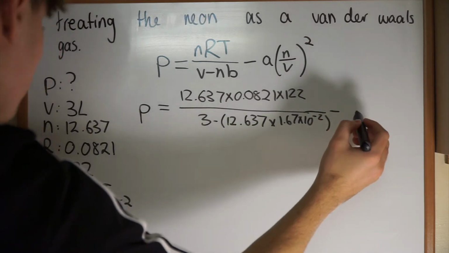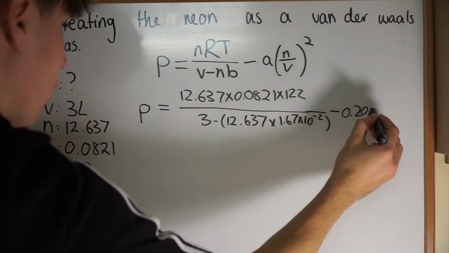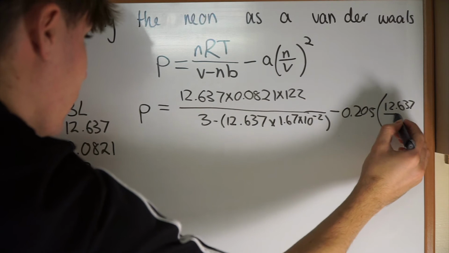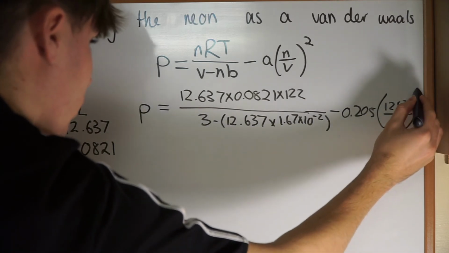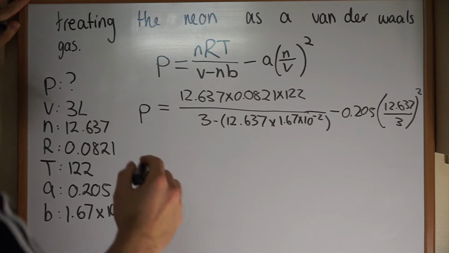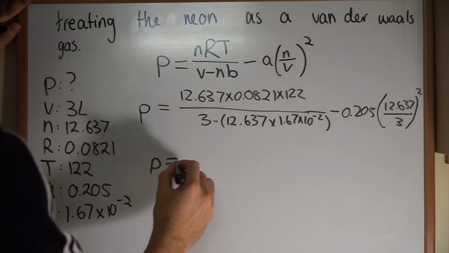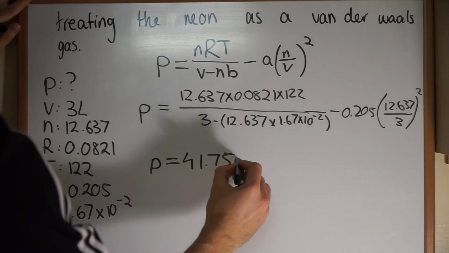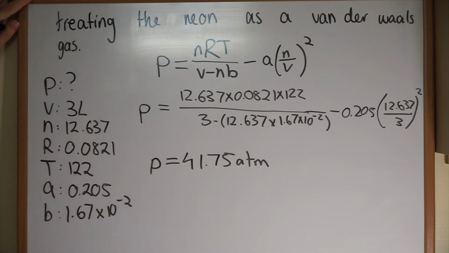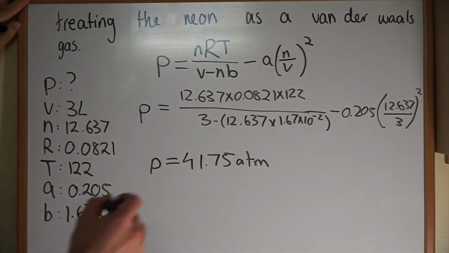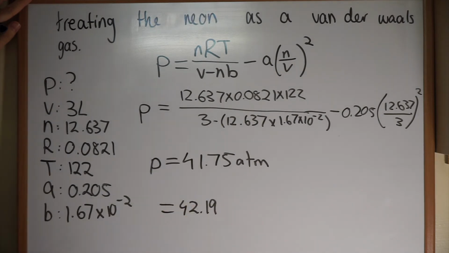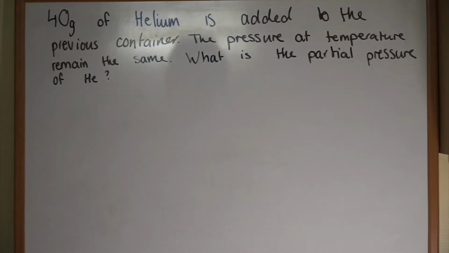And then if we add the last bit on, which is all the way over here, all squared, your pressure should, if you put that into a calculator, and you can check, equal 41.75 atmospheres. Now, the pressure when you treated it as an ideal gas was 42.19. Because there's not much difference between the two, you're perfectly okay to treat them as ideal.